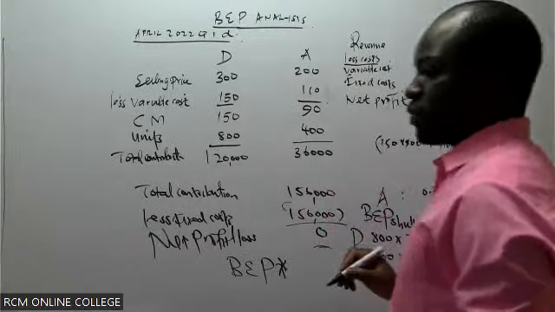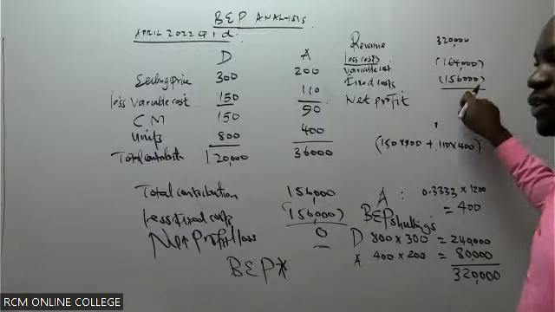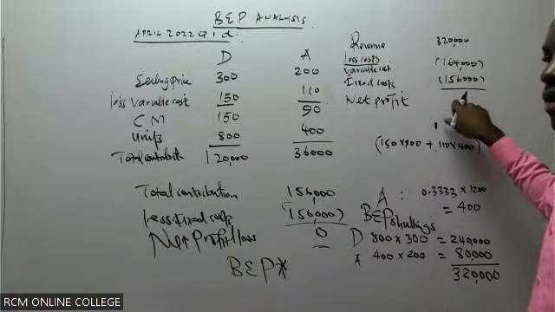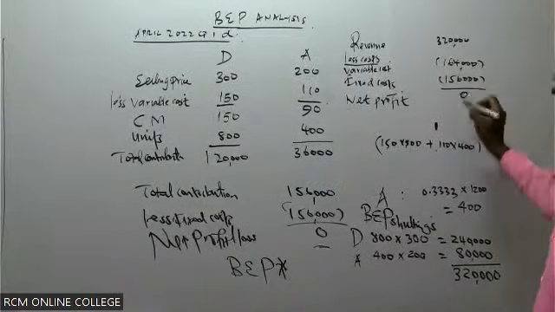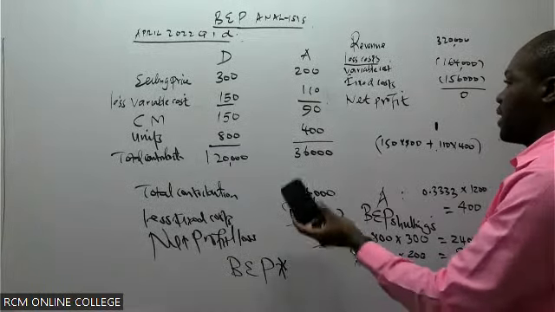When you get the difference between the total revenue and the total cost, we are getting to 0. So it is basically the same thing that we are having here.